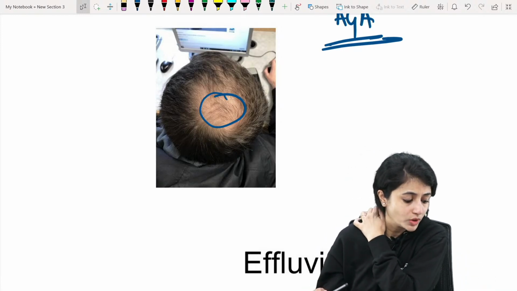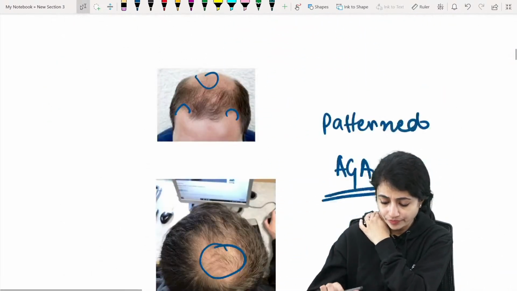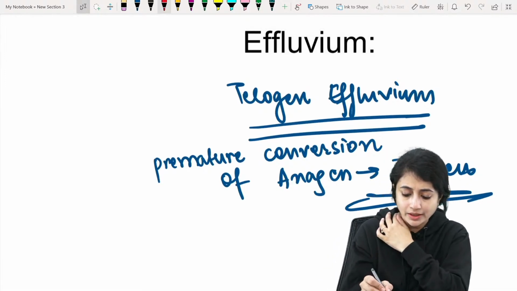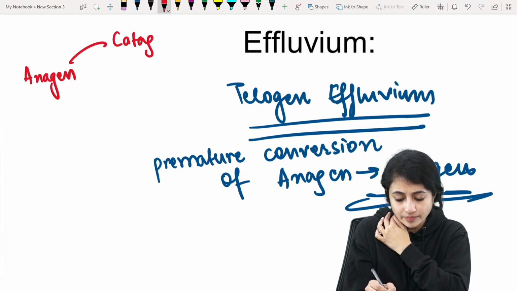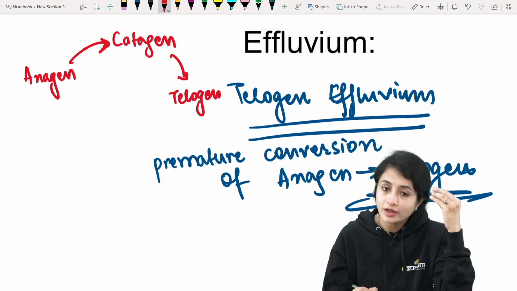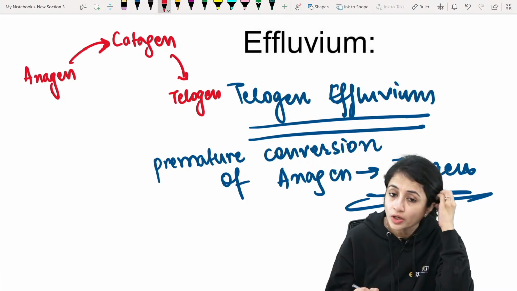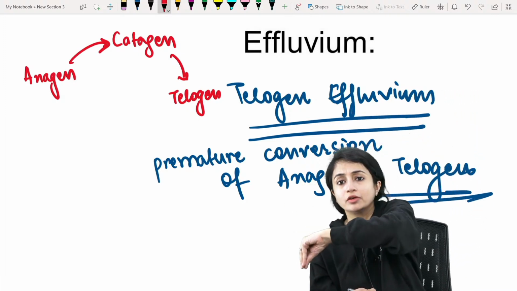Can you explain once effluvium? Yes. So what is effluvium is, see, normally my hair moves in a cycle. There is anagen, there is catagen, and there is telogen. Anagen is the phase of hair growth. Whenever your hair starts to grow, it will grow for a while, then stay in the transition zone and then fall off.